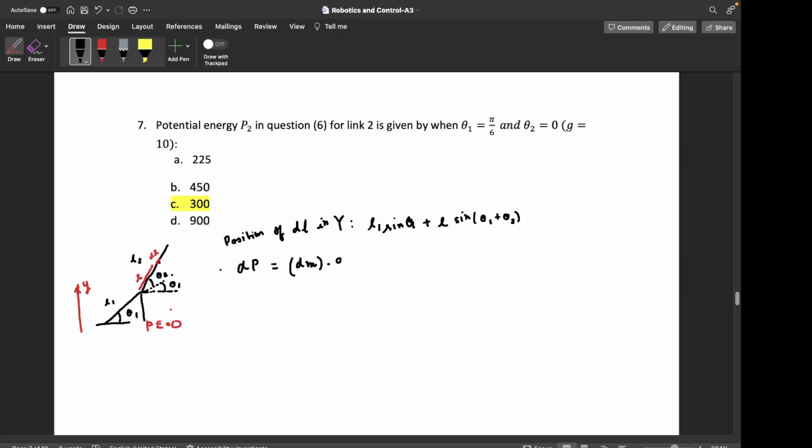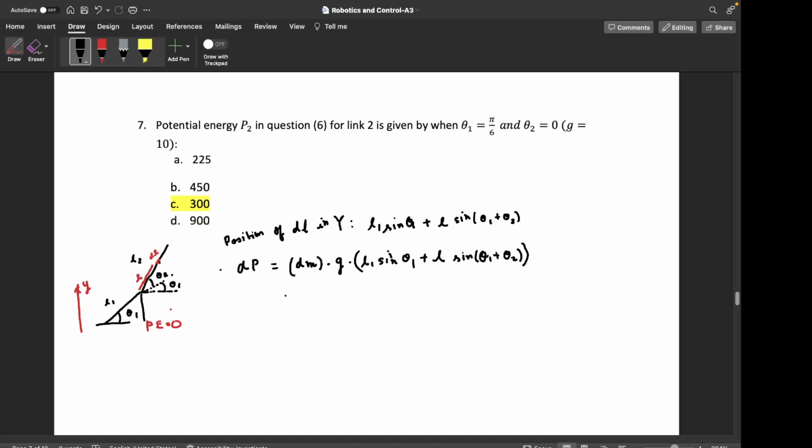So basically using the mgh formula, the basic formula, and this position, right? The position is L1 sine theta 1 plus L sine theta 1 plus theta 2. Cool.